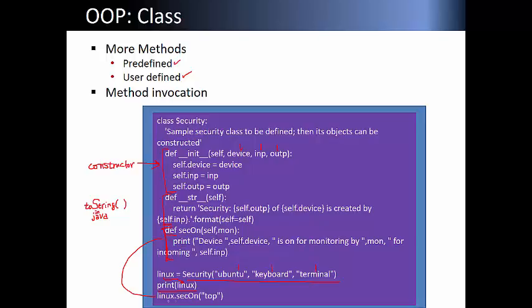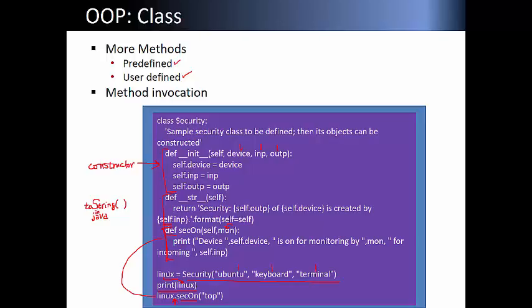When you say this, Linux is an object of security. Dot, we have dot notation here. And then method name. This method expects month, or whatever that is. We say top. Okay?